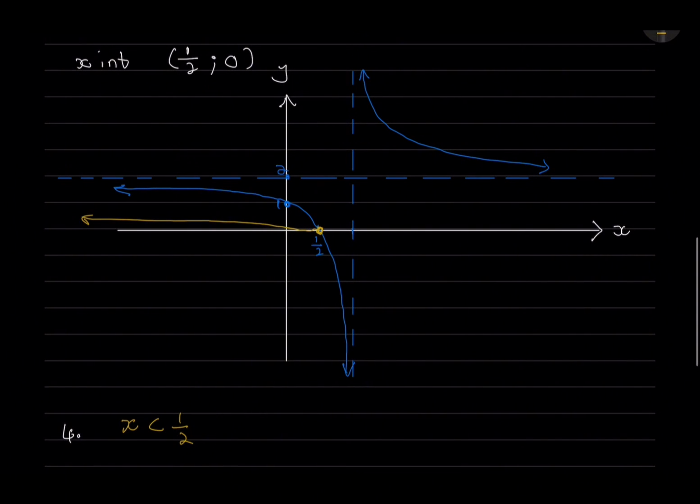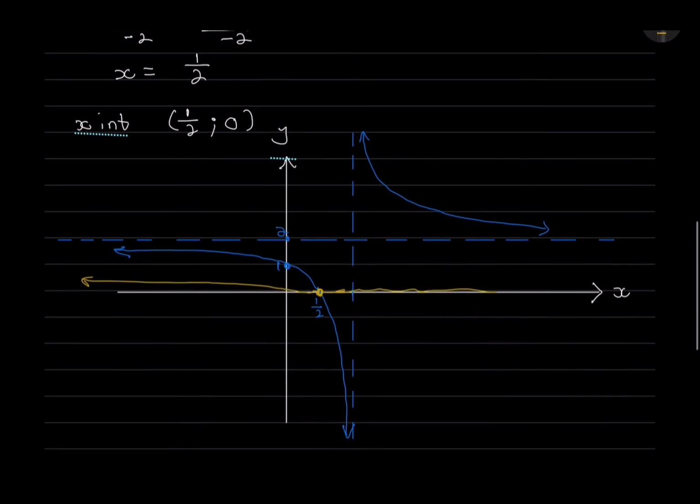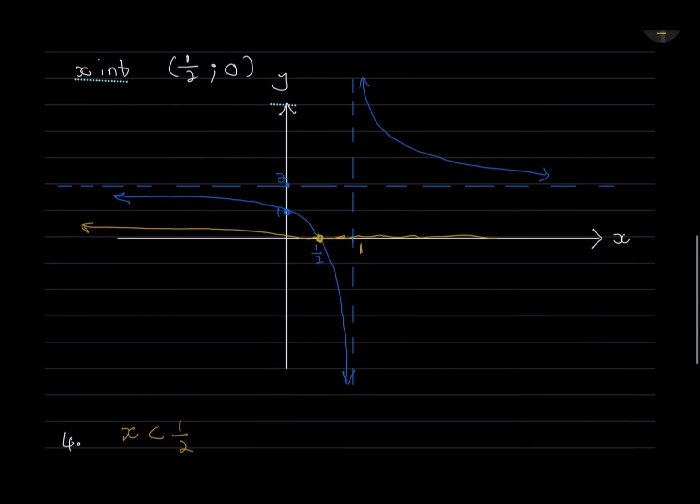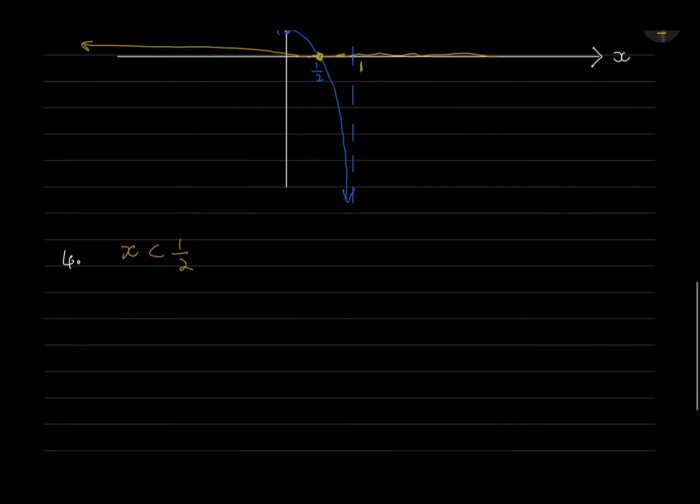But then, that's not the only one. The other one is this graph. Already here we know that the graph will be above the x-axis for this part. So how can we write it? It will be this asymptote, remember it was 1. So therefore, another one: x must be greater than 1.